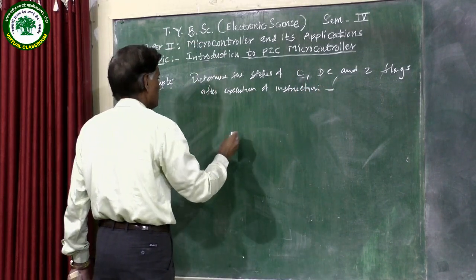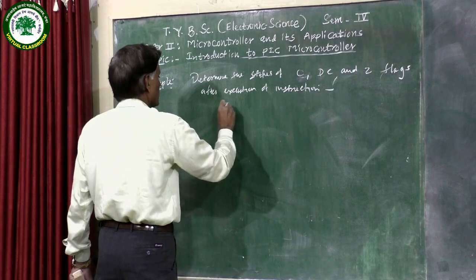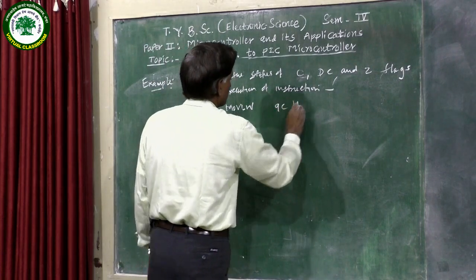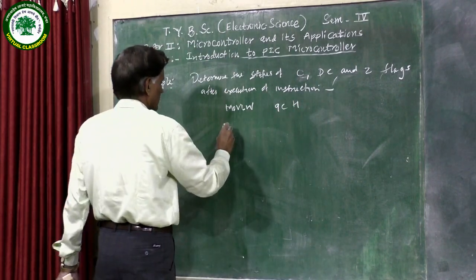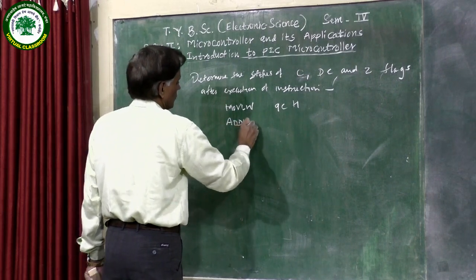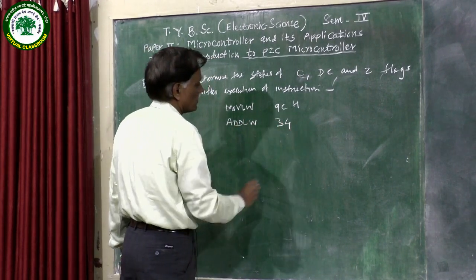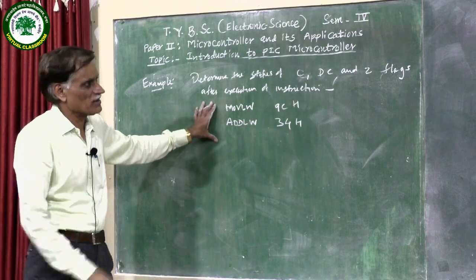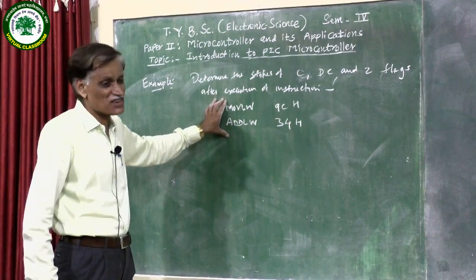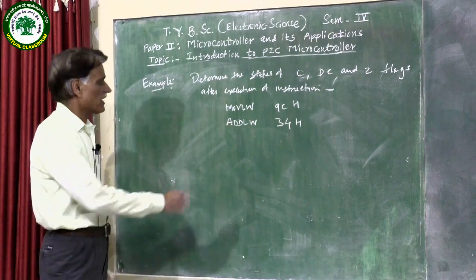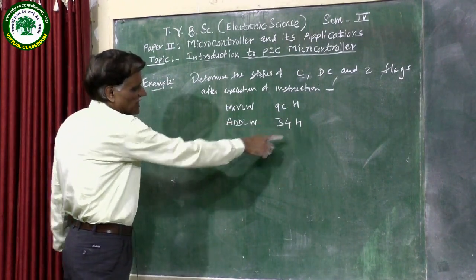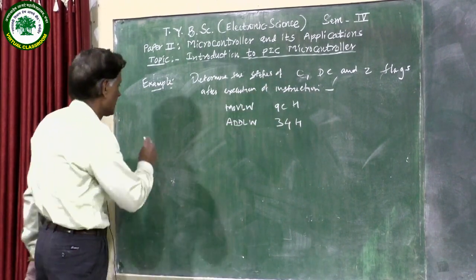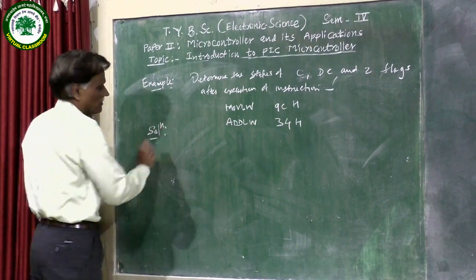Here we say: MOVLW 9CH and ADDLW 34H. In this example, we have to discuss the effect of these instructions on the status flags. After addition of these two numbers, 9CH and 34H, what will be the status of the carry flag, digital carry and Z flag? We have to decide the corresponding values.